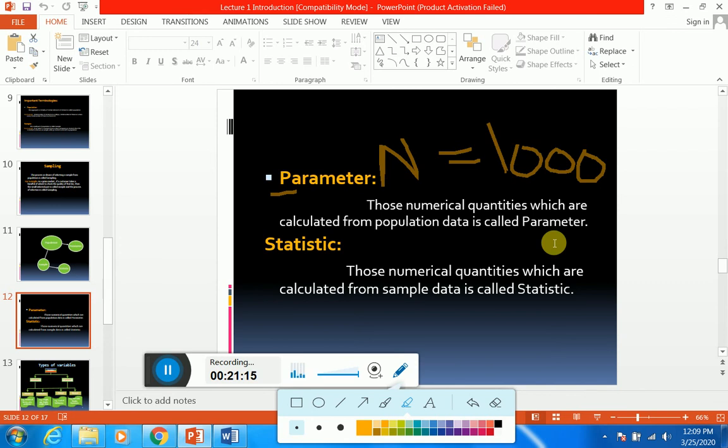That formula, this average, is simply known as your parameter. Remember, parameter starts with p, it has a connection with the population data. Hope the idea is clear now.